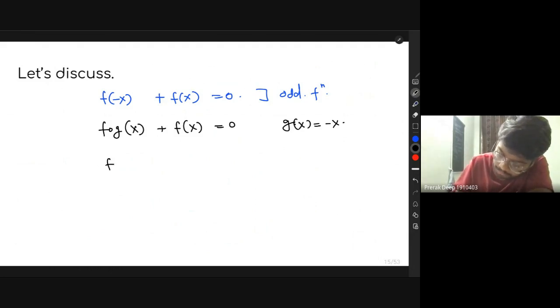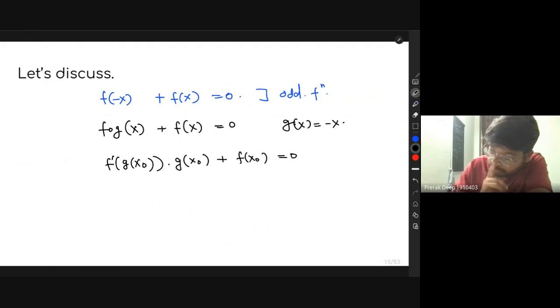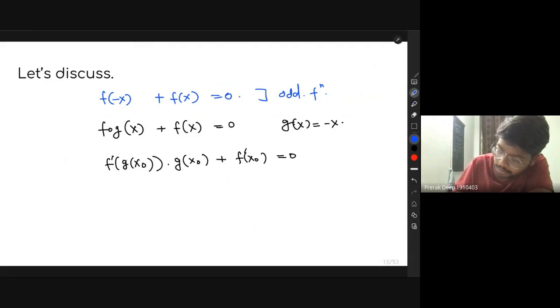So we get f prime at g of x naught times g prime of x naught, plus f prime of x naught equal to 0. Now this value g prime is minus 1.